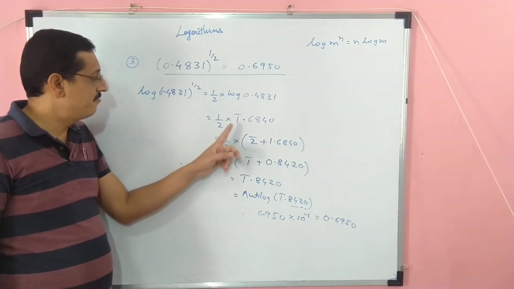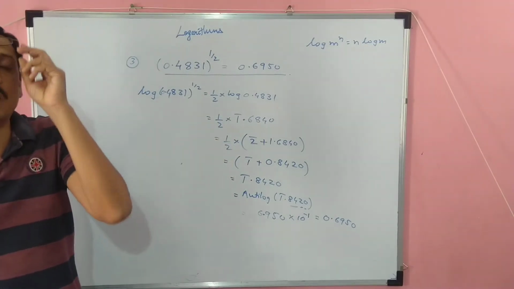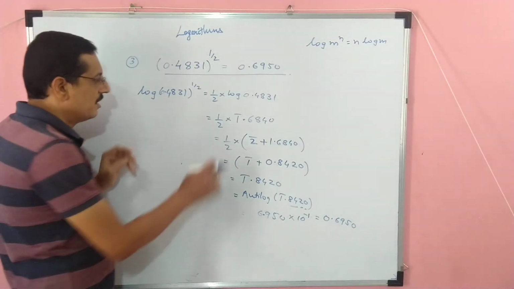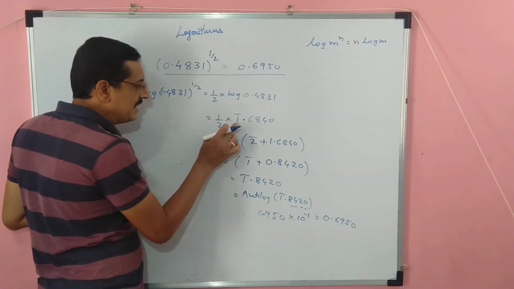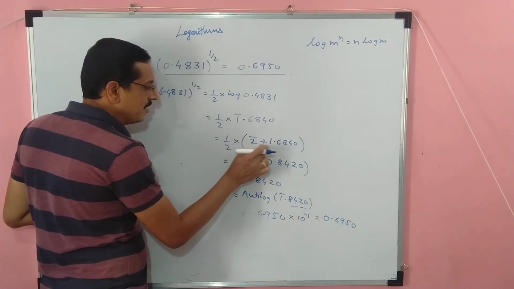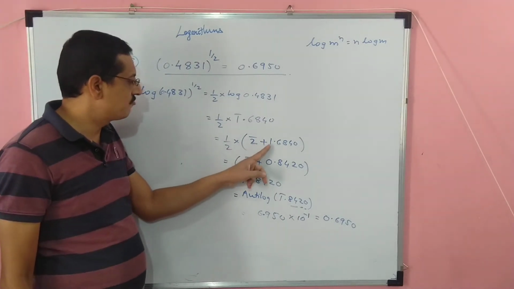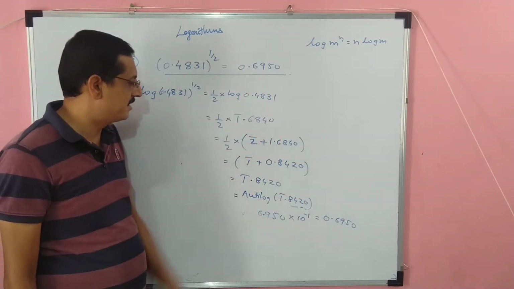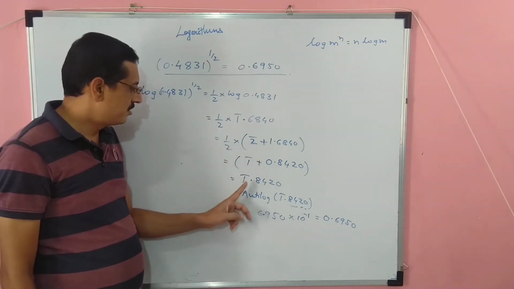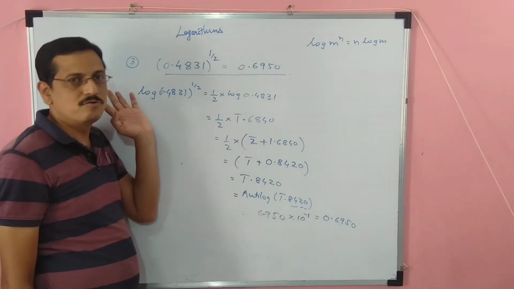Now we cannot divide by 2 directly because if I divide by 2, there will come bar 0, and bar 0 is not allowed, and therefore this characteristic I will split as minus 2 plus 1, that is bar 2 plus 1. Bar 2 plus 1 is again nothing but bar 1. So it is bar 2 plus 1.6840 as it is. Divide by 2 separately and add this value. So it is bar 1.8420. That's it, its solution is done.